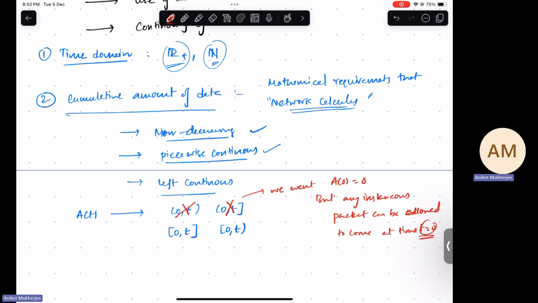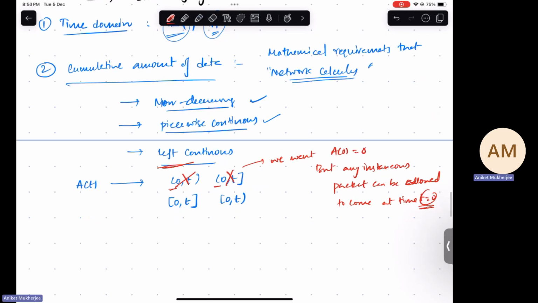Now here we get the main point of left continuous. At 0 it will be 0, but then at 0 plus you will have an instantaneous jump. So to know that 0 plus instantaneous jump, you want the left side limit of your total to be 0, to know whether any instantaneous value has occurred, whether a packet has arrived at time t equal to 0, right? Okay, so now the discussion is between these two.